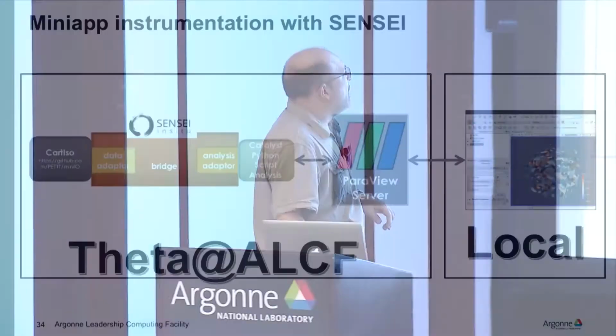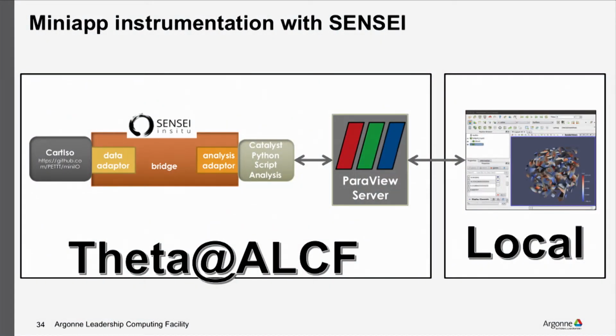Let me go back to this diagram here. There are essentially three calls that you will need to make from your application to talk to Sensei, or most other in situ solutions or infrastructures. One is for initialization, where you pass your MPI global communicator to the analysis side, because they will need it.